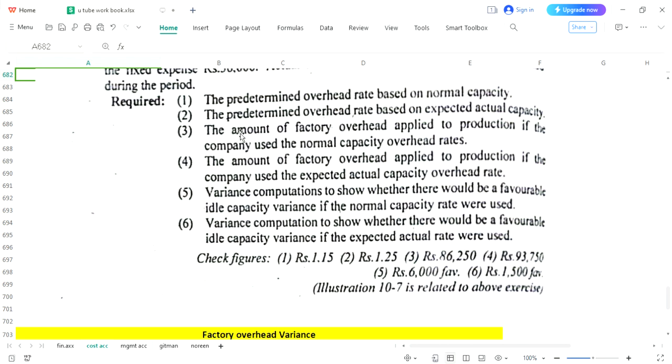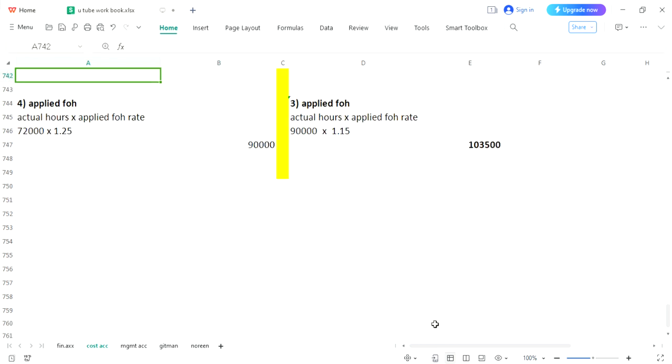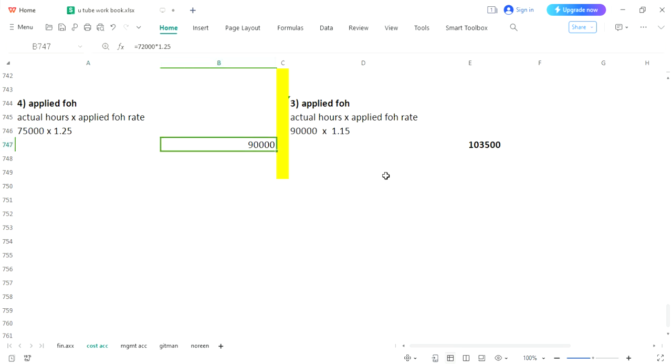So we were supposed to calculate applied FH based on actual hours. We will go to the question. You can see actual results are showing 75,000 hours. So here these were old rates. Now we are using new rates. 75,000 would be used over here. Let it be done again. 75,000. 93,750.